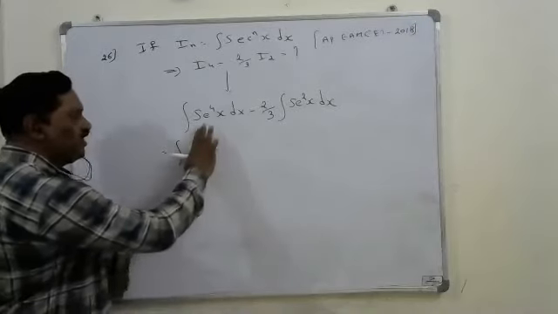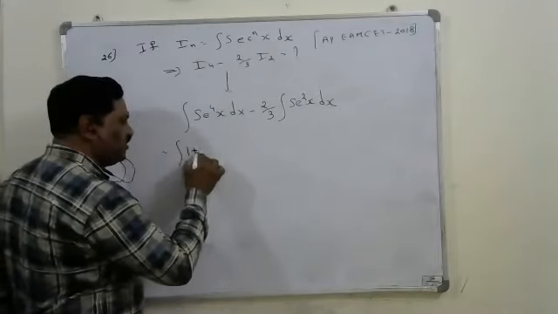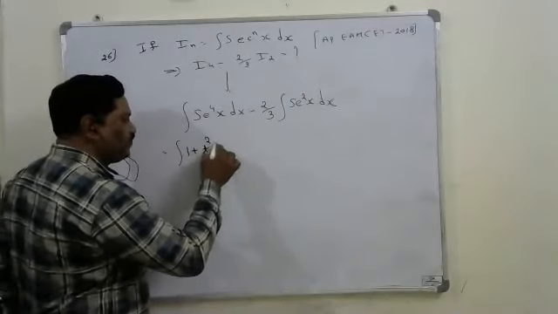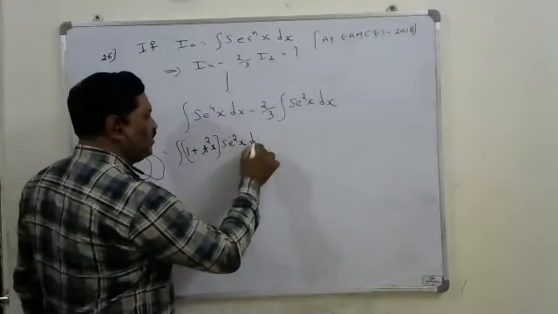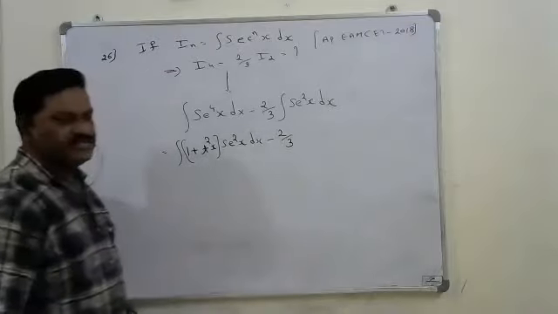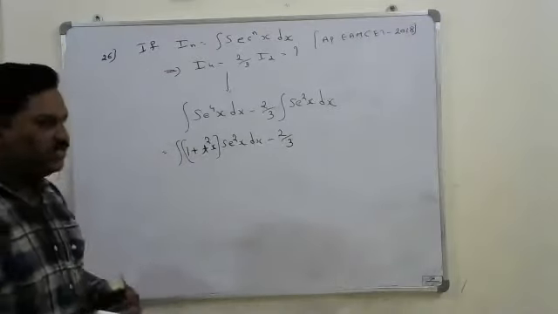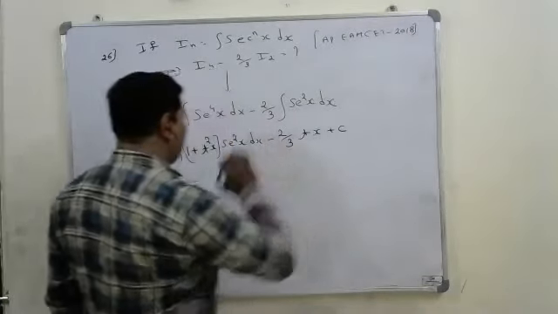That is, we write secant square x into tan square x plus 1, that is 1 plus tan square x into secant square x dx, minus 2 by 3 into here. Directly we know the formula for integral secant square x. What is integral secant square x? Tan x.